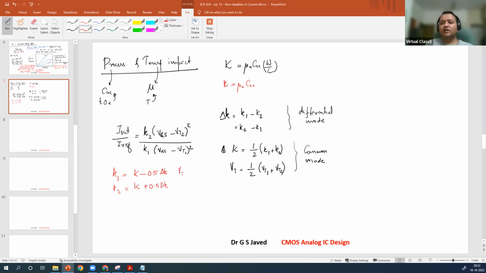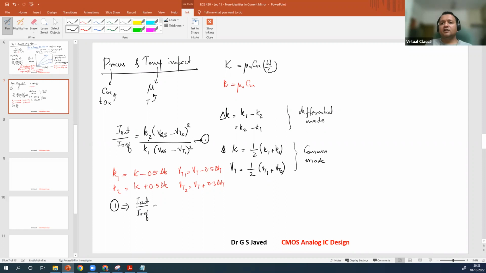Similarly, VT1 becomes VT minus half of delta VT. Then VT2 becomes VT plus half of delta VT. So we will use these ratios in our circuit analysis. If you put all of these values back into the above equation 1, then equation 1 becomes I out over I ref.